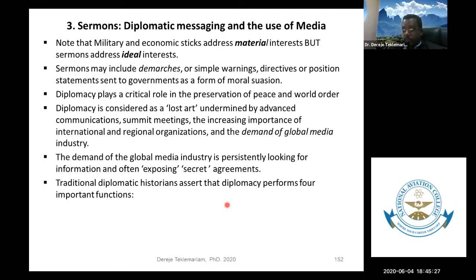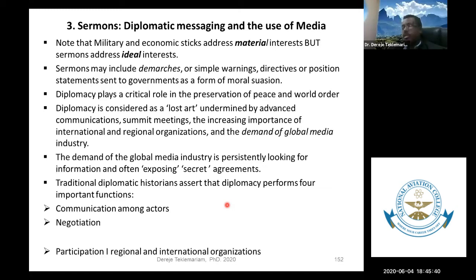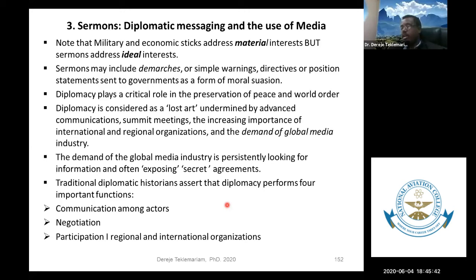The first is smoothing and lubricating communications among actors. The second is negotiation. The third is participation in regional and international organizations. And the fourth is promotion of trade and other economic interests.